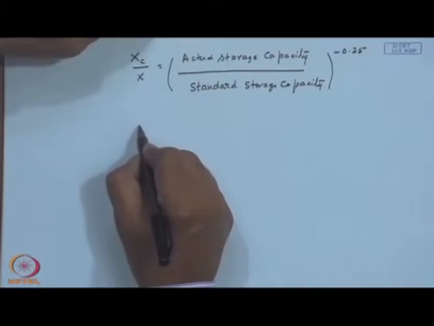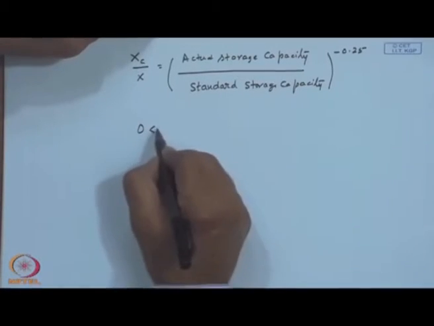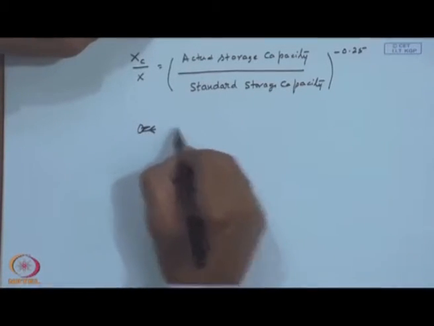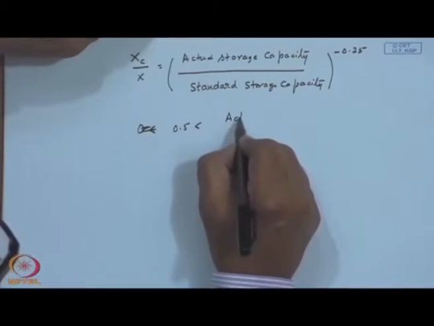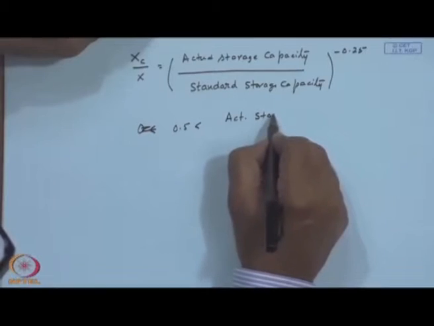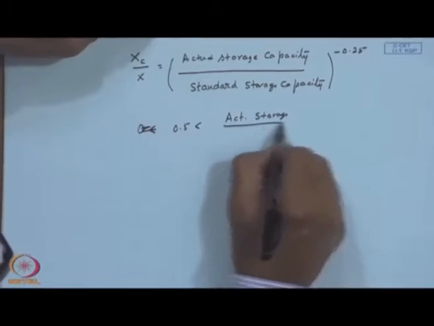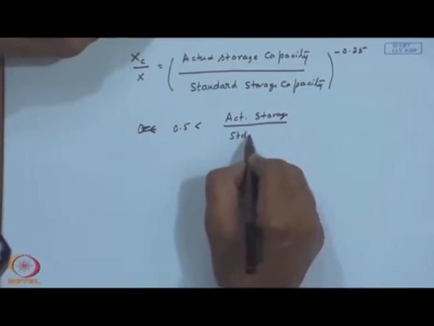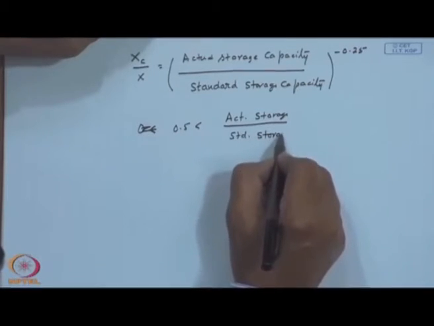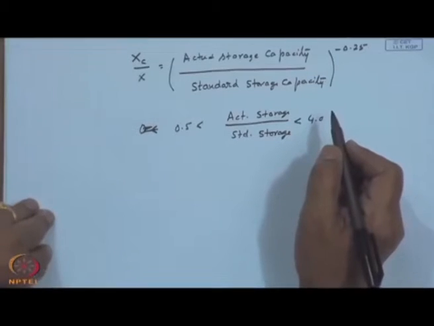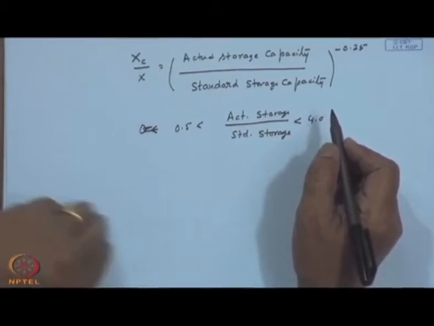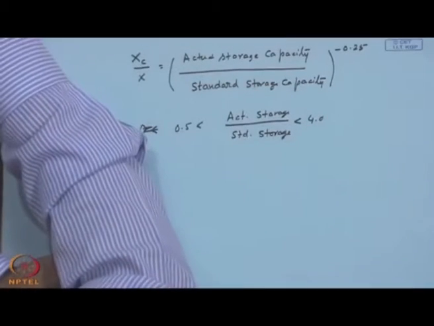This is valid in the range of 0.5 less than actual storage by the standard storage less than 4, a fairly wide range, half of the standard storage to 4 times the standard storage.